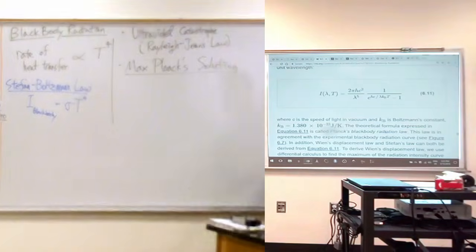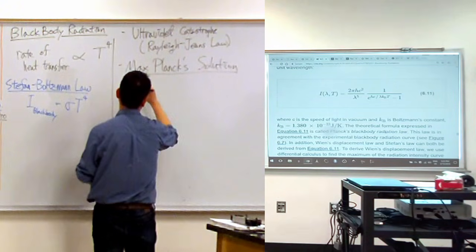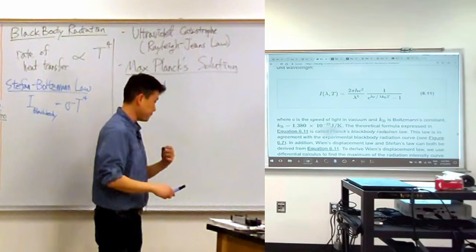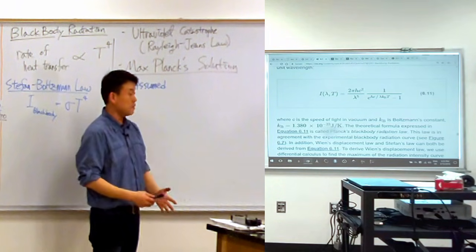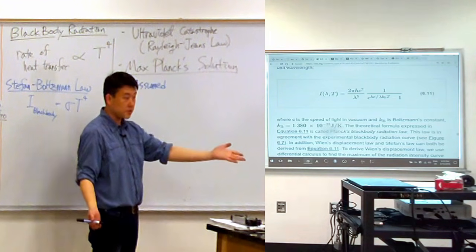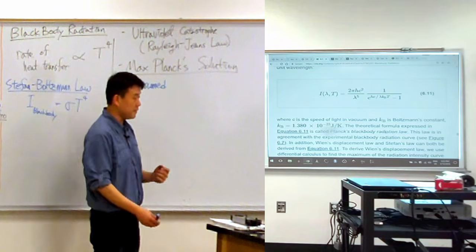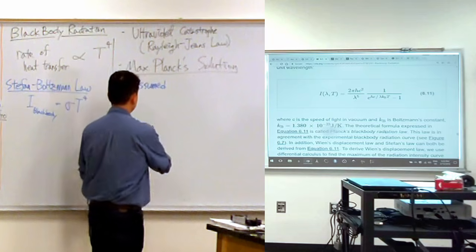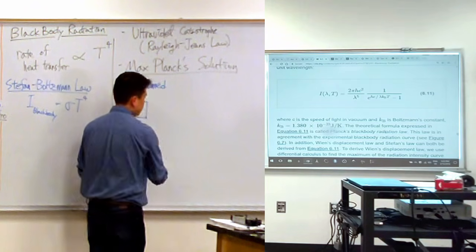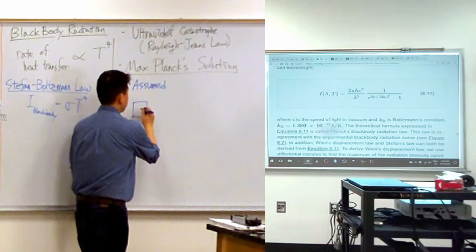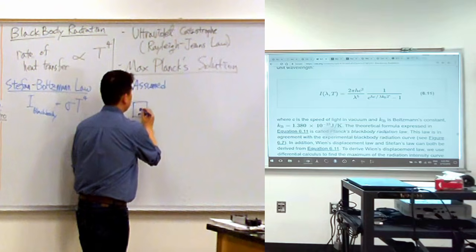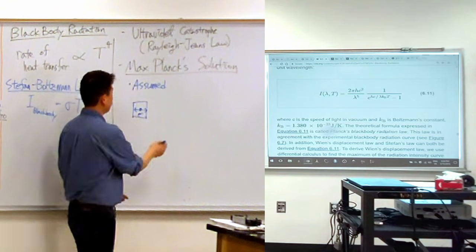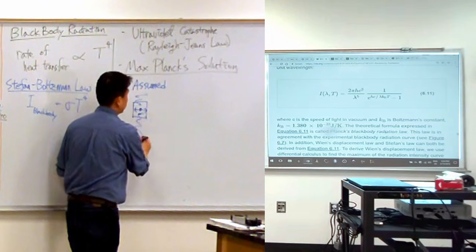So this is Planck's assumption. When you have an object radiating electromagnetic radiation, you can think of it as containing some hypothetical oscillators. Imagine I have some electron here, which is going to be vibrating back and forth, and as it vibrates, it emits electromagnetic radiation.